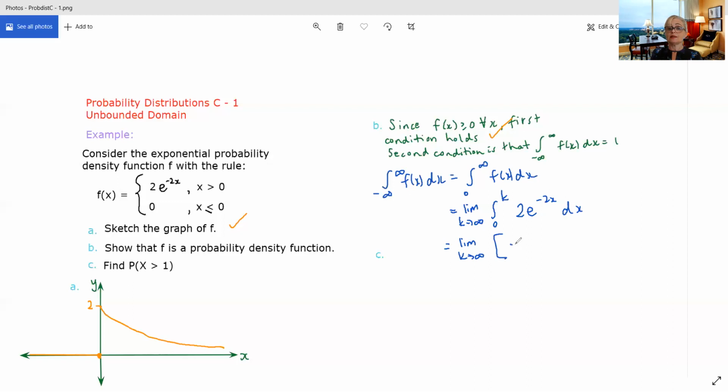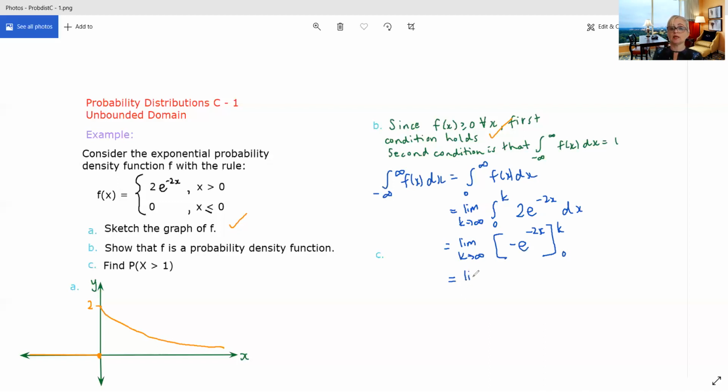Integrating this, we're going to get negative e to the negative 2x. So we can sub in an x value of 0, but we can't sub in k as infinity, of course, because infinity is not a number, but we can do a limit.